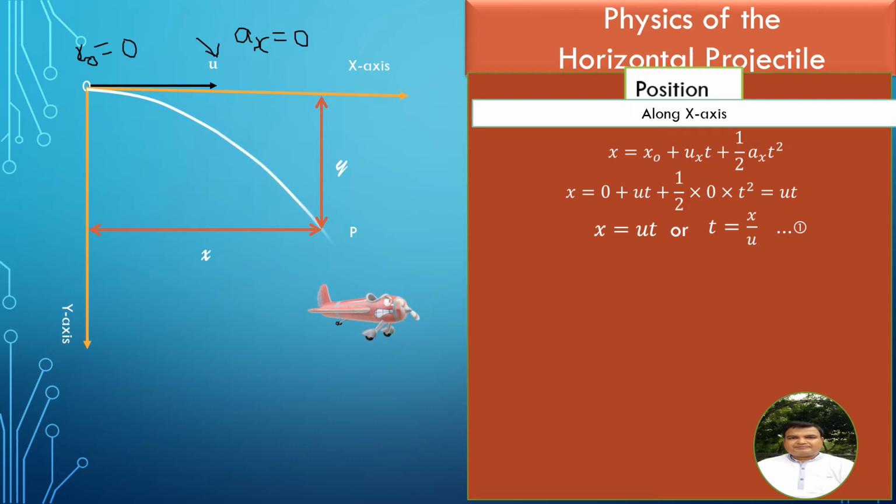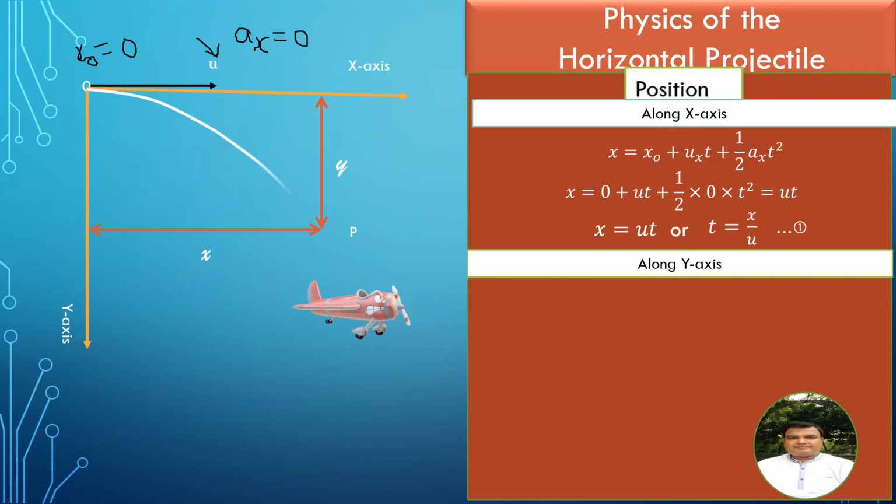Now we are ready to discuss the position of the flight along the y-axis. Along the y-axis, we again use the second equation of motion, y equal to y naught plus u y t plus half a y t square.